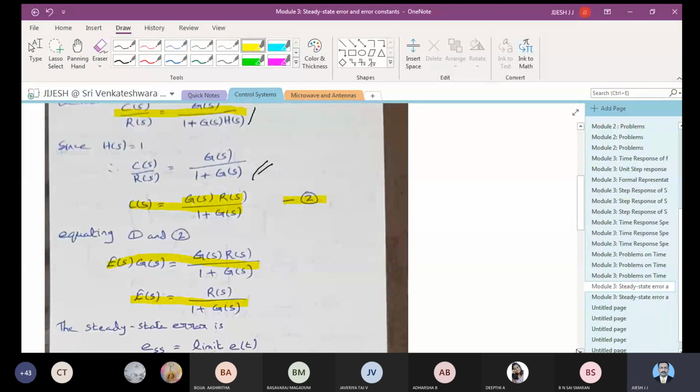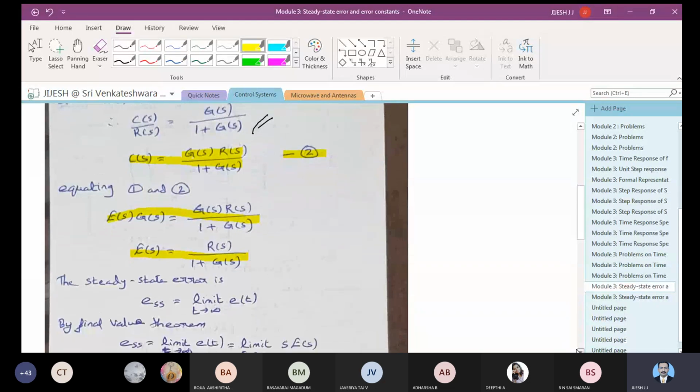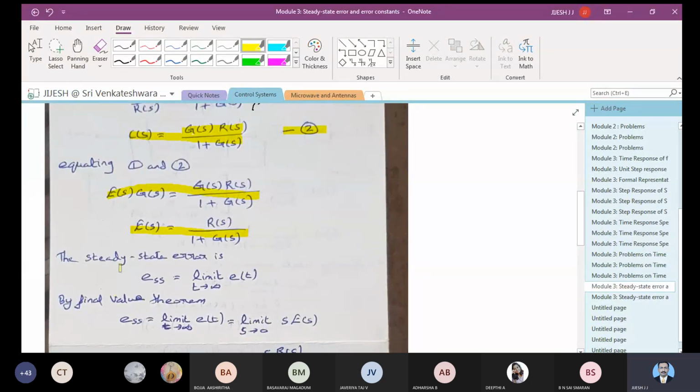Okay. Steady state error, we have to do that. Steady state error is given as ESS, which can be written using the equation limit of t tends to infinity E of t.